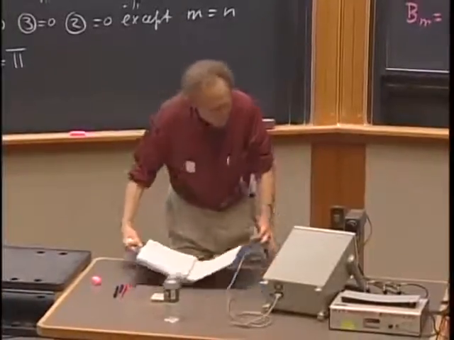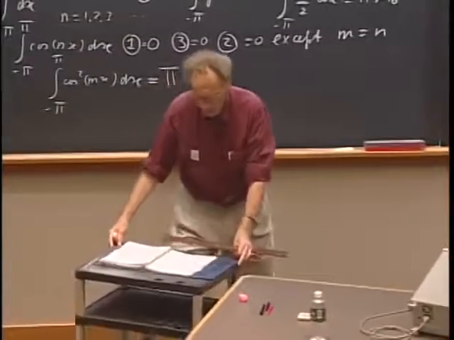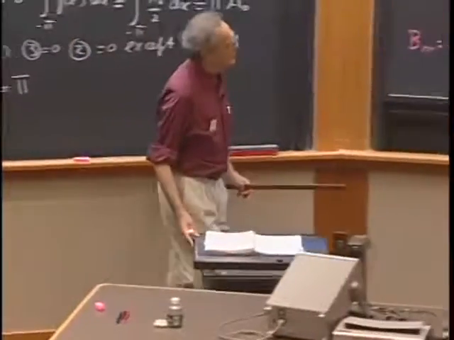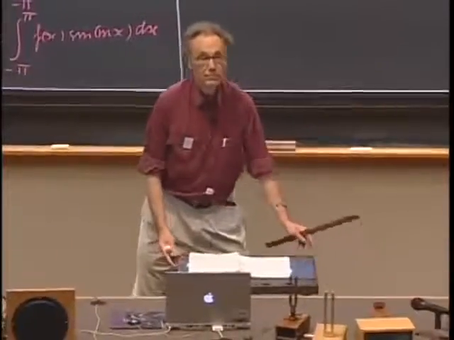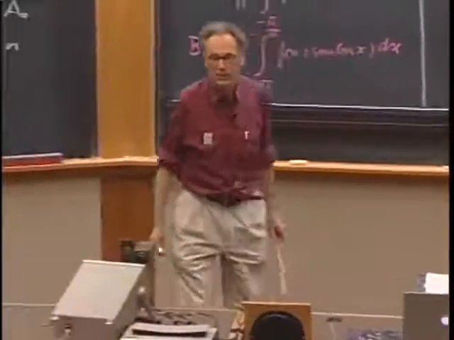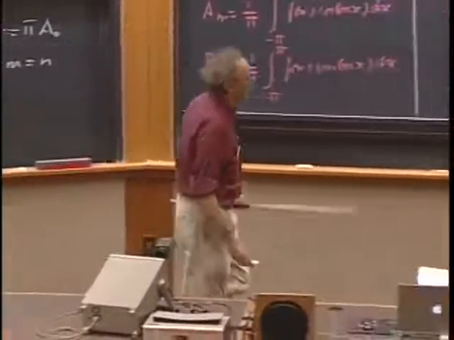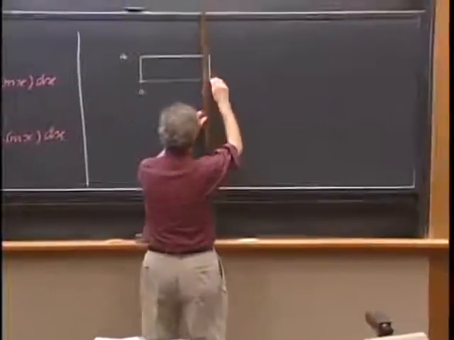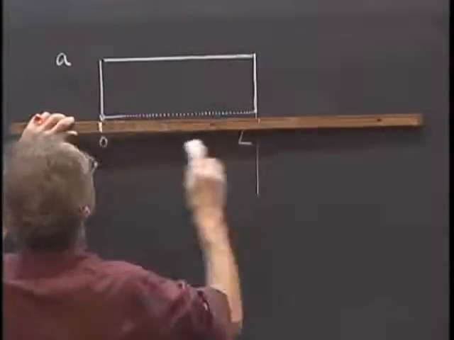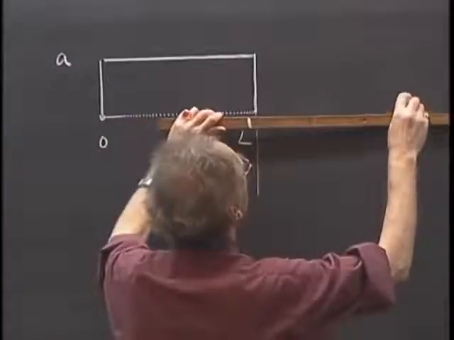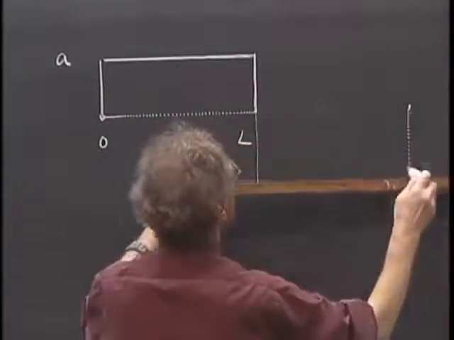If I want to use Fourier analysis, and you will see that I do, and you will also see how I'm going to do that, I need a periodic function. And this is not periodic. So I'm going to make it periodic. And the way I'm going to make it periodic is the following. I'm going to pretend that the function is really this.